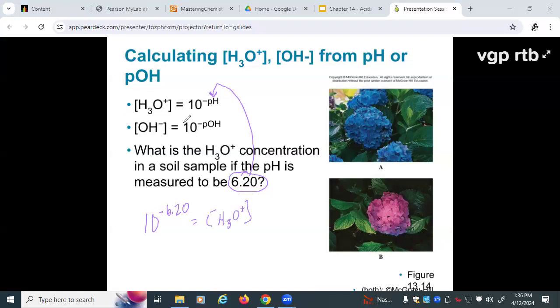On my calculator, because it's a scientific calculator, it doesn't have stored functions of any kind, so I have to do this in reverse. Negative 6.2, then anti-log. It's going to give me, to 2 digits, 6.3 times 10 to the negative 7th molar for my hydronium.